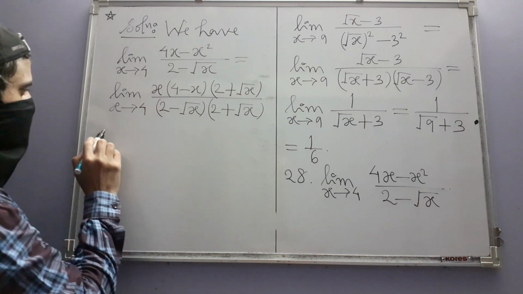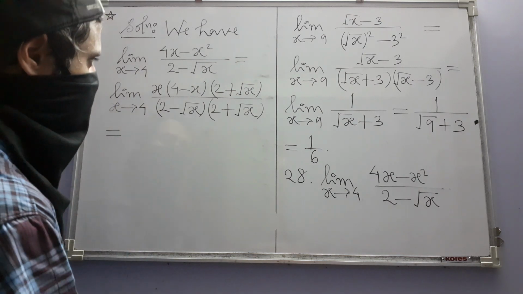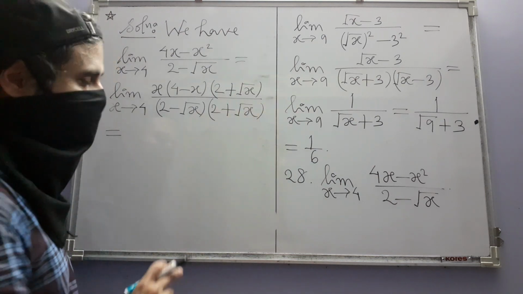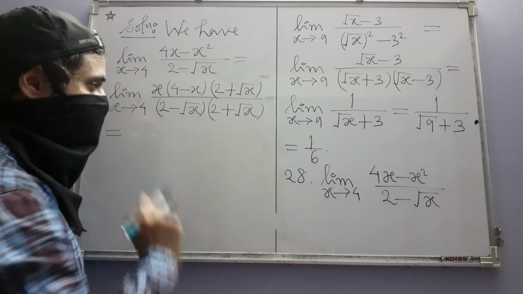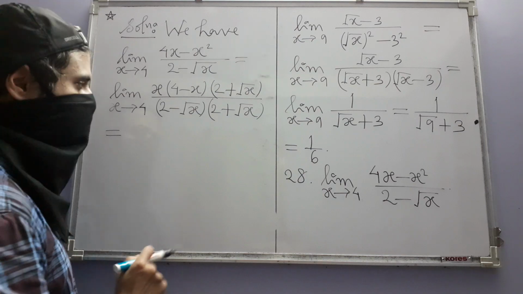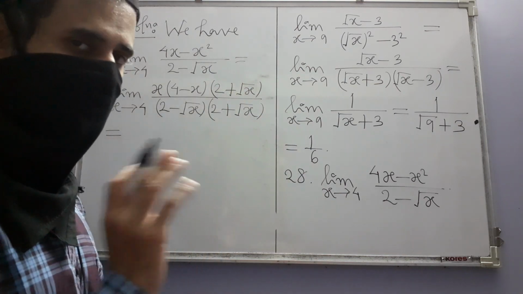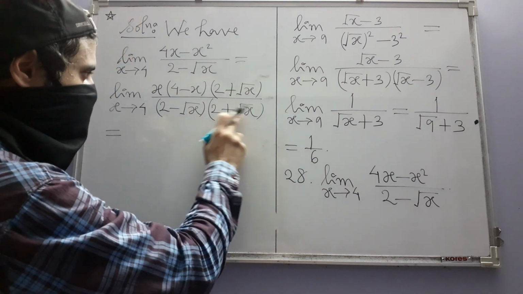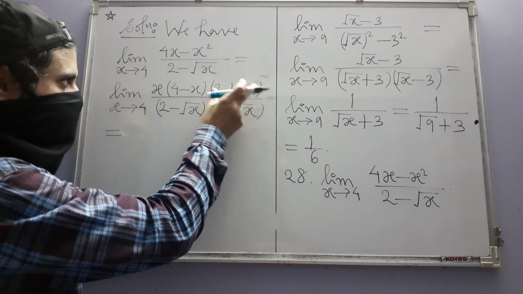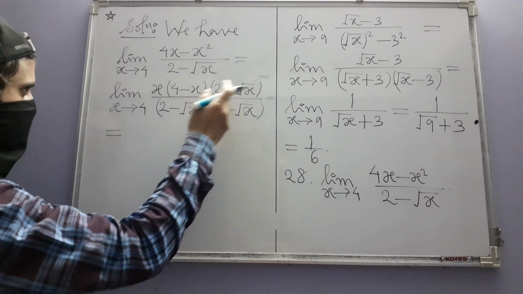But again, while doing some things like this, you should make sure that whatever you are introducing here extra is non-zero. Is it possible for this expression to be 0? No, because the least value that square root of x can have is 0. But you add that with 2, so the smallest possible value of this 2 plus square root of x is 2. It cannot be 0. So this is justified.